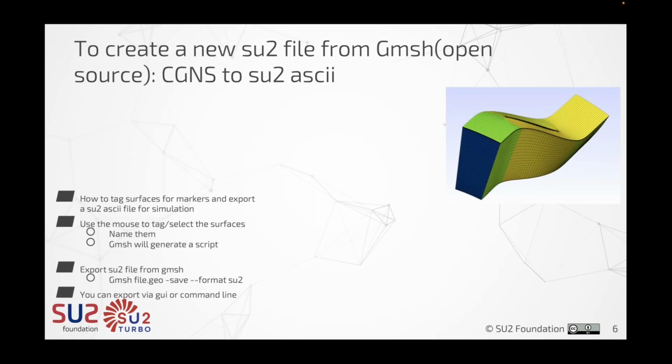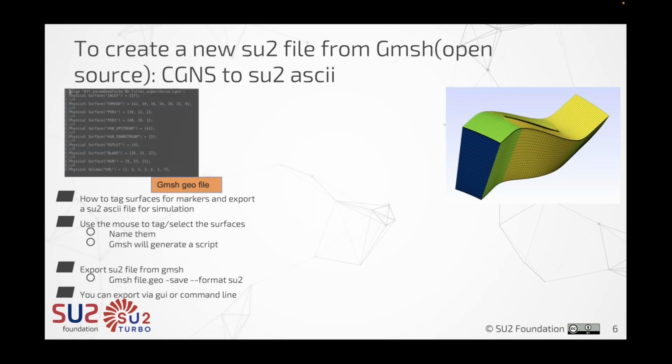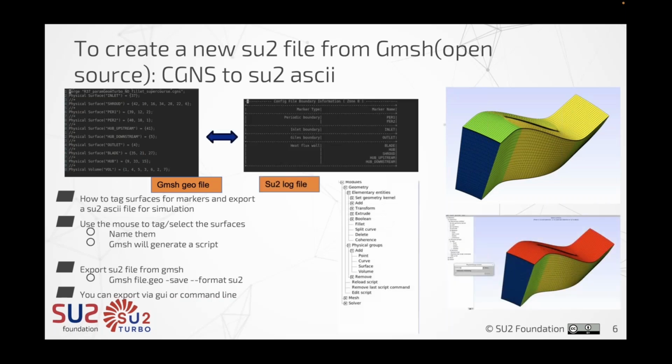So here's what the single row mesh would look like with one blade, and this is the script file that you get from GMSH when you first interactively tag, and then you save the geo file, and it has all the requisite surface numbers. And then when you run SU2, the config file shows you all the different assigned boundary conditions and their marker names.